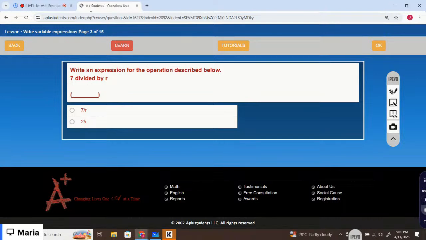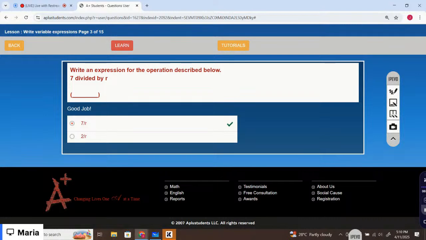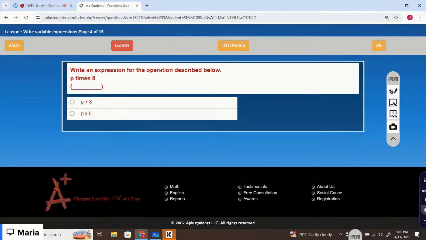Option number 1 is the correct option. That is 7 divided by R. P times 8. Option number 2 is the correct option, that is P times 8.